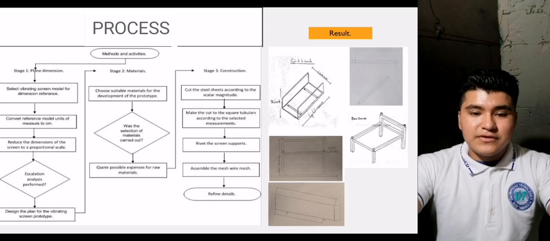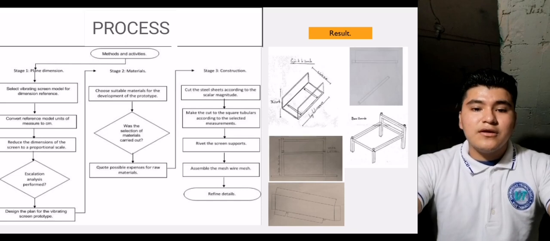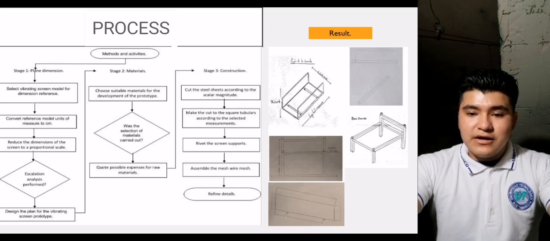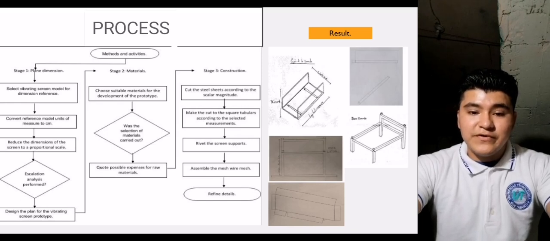The next stage will be construction of the prototype, where the small steel plates will be cut according to the measurements. Tubulars will also be cut for the base. Once the material is cut, the small sheets will be riveted and the fixing metal meshes will be assembled.